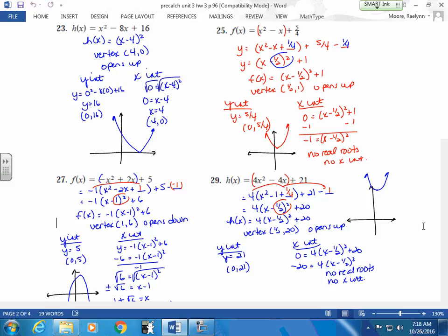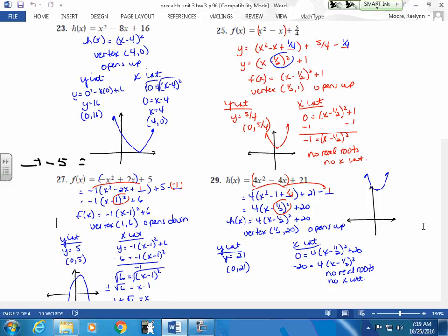Which one? 27. Number 27. Okay, so did you factor out a negative 1? Yeah. So don't forget, if you did, do you keep it on one side? If you kept it on the other side, this guy said negative 5 over here, right? Plus something. So now when you do this, you factored out your negative 1.